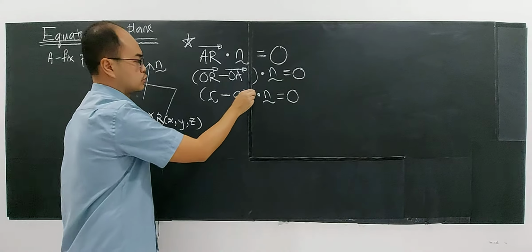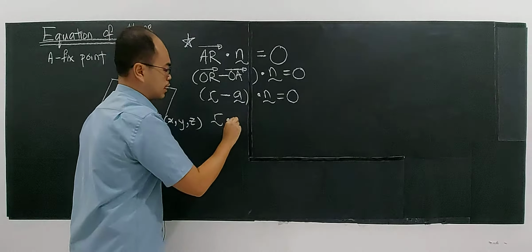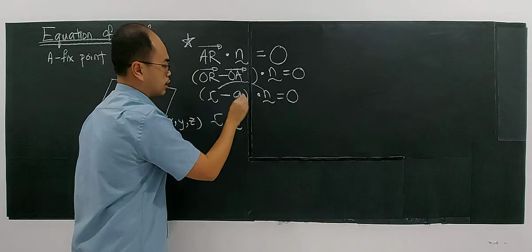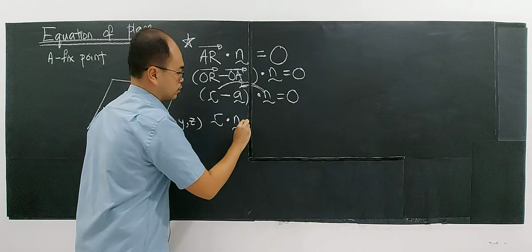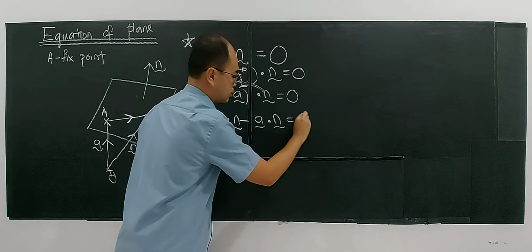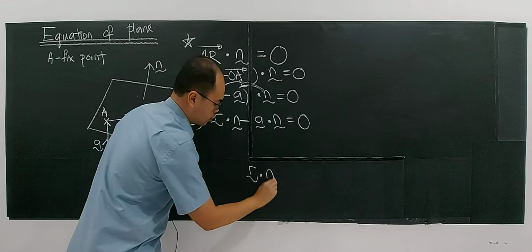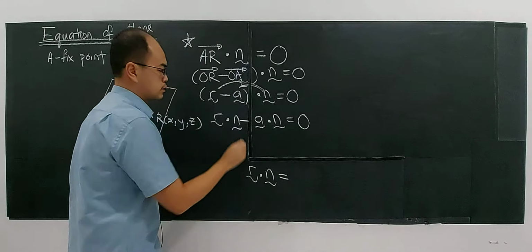Now I'm going to do some expansion. The dot product of R dot N, minus A dot N, gives you 0.